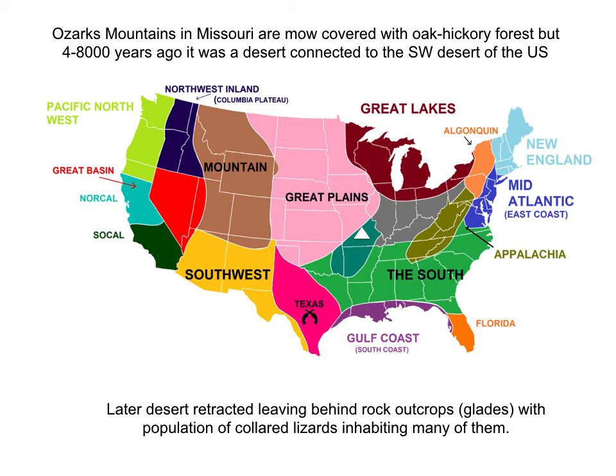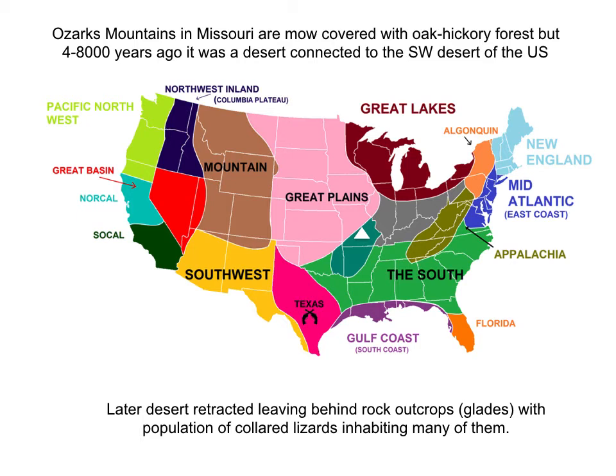There was probably a lot of connection between the different populations and individuals of the eastern collared lizards. So it was a big population. Then as the desert retracted, it left behind these small island populations on these rock outcrops in the Ozarks.